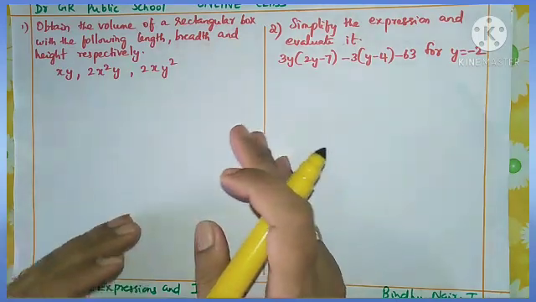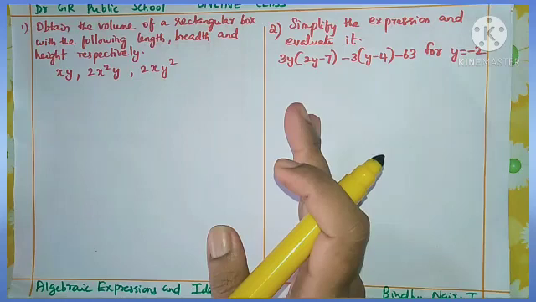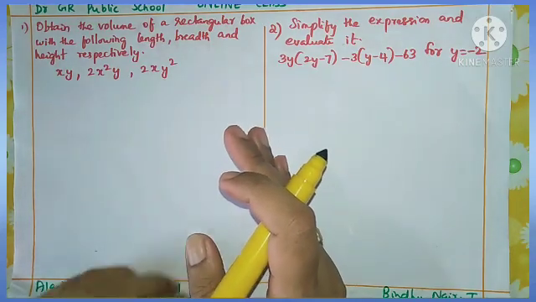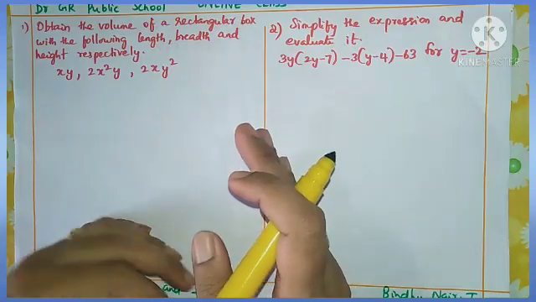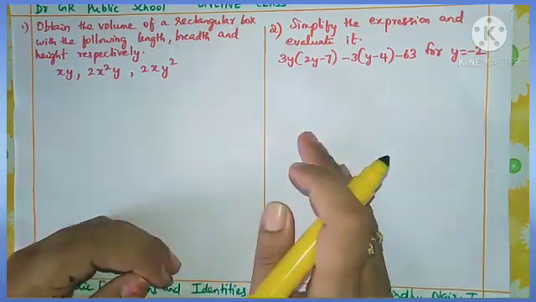Multiplication of monomial by monomial, monomial by binomial, binomial by trinomial, as different types we discussed in the previous classes.